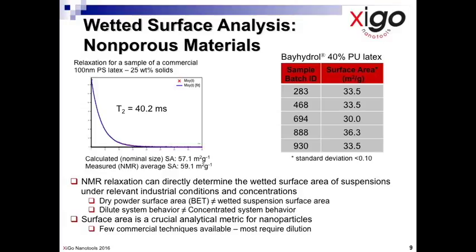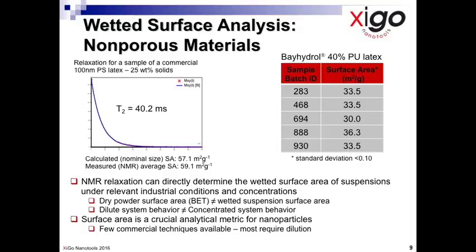Conversion of relaxation time to surface area is a straightforward calculation. However, as in the BET gas adsorption method, monolayer coverage of fluid onto the particle surface is assumed. Importantly, however, no assumptions are made as to the particle size and size distribution or to the particle shape, and this issue will be discussed further in a future video.